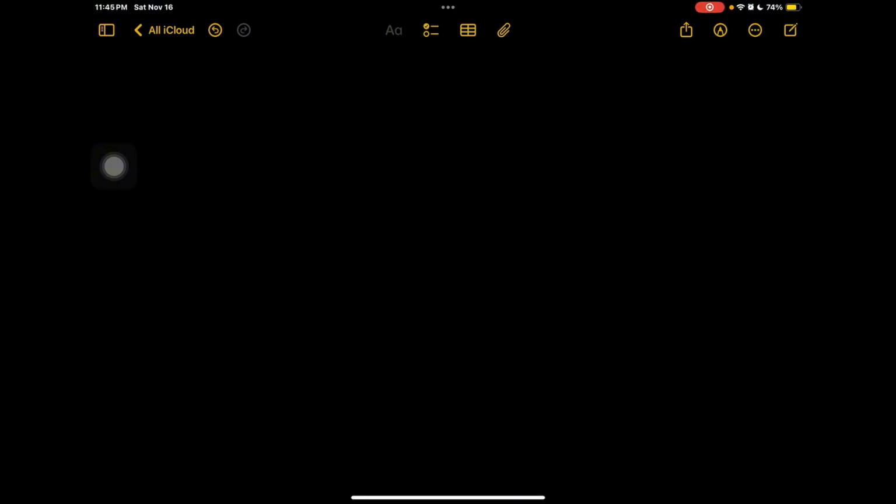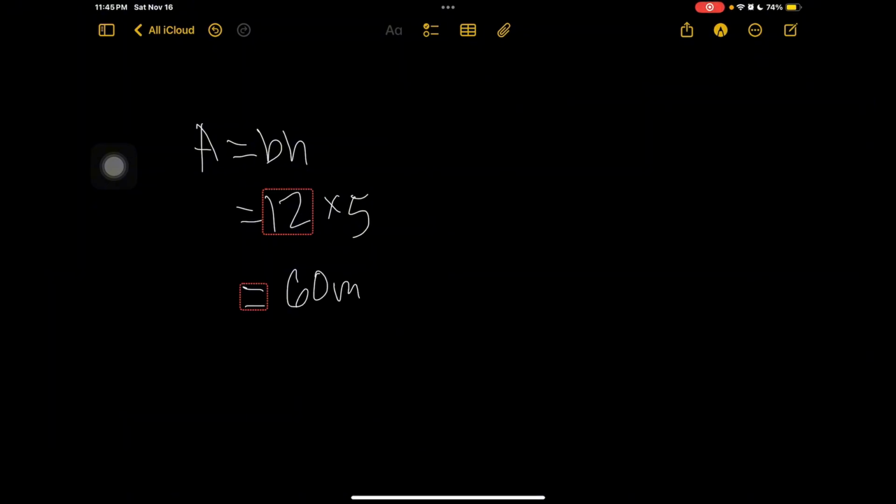So the formula of a parallelogram is A is equal to base times height. So 12 meters multiplied by 5, which is 60 square meters.